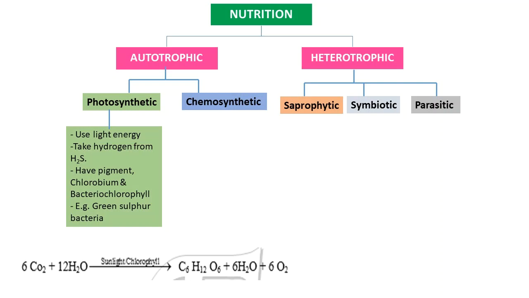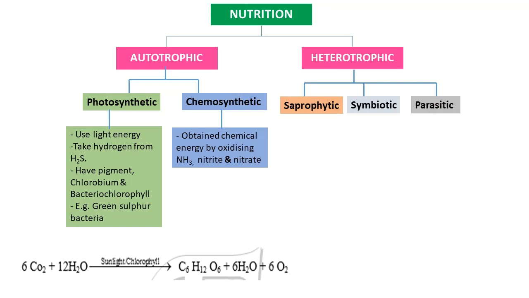So then the point comes, they obtain the chemical energy from ammonia, or they convert the ammonia to nitrites, and then nitrites are converted into nitrates, and for that there is a category of bacteria named as nitrifying bacteria or ammonifying bacteria.